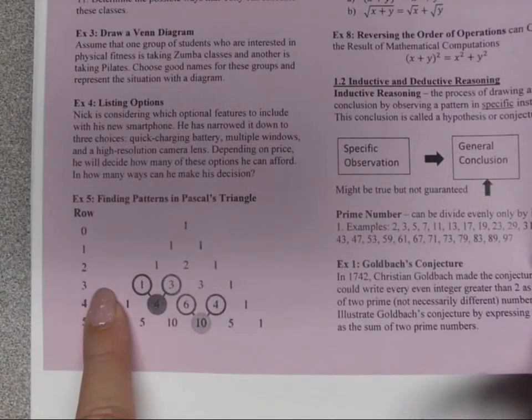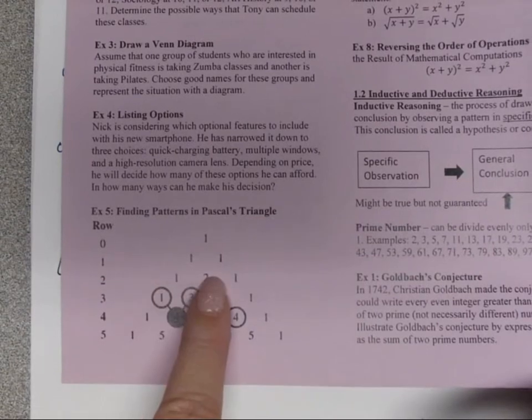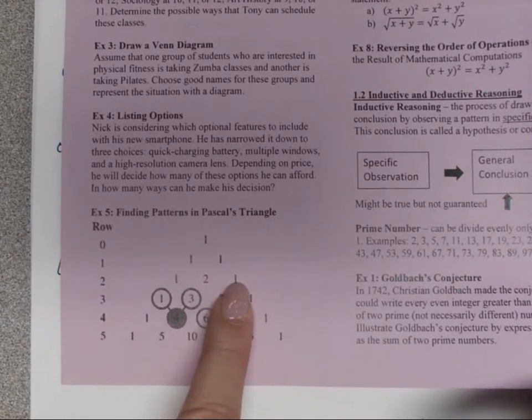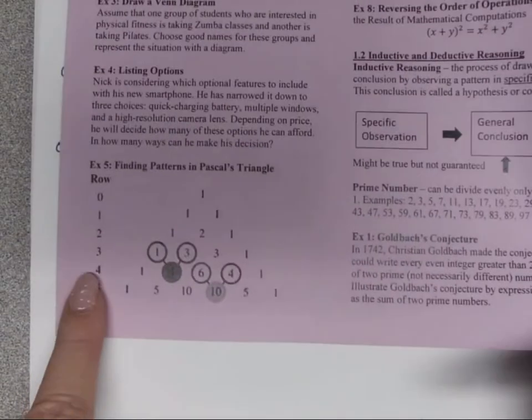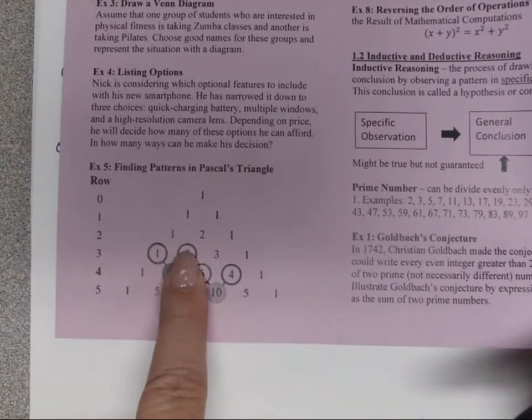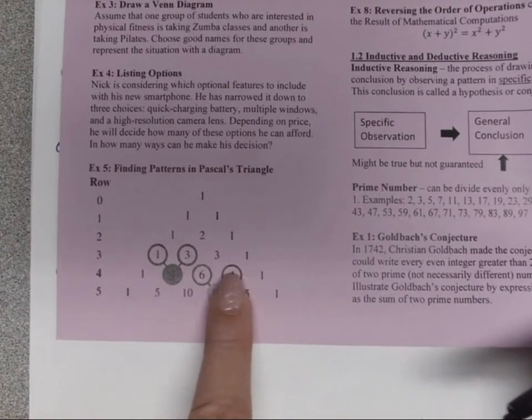In row 2, we have 1 plus 2 is 3 plus 1 is 4. In row 3, we have 1 plus 3 is 4 plus 3 is 7 plus 1 is 8.